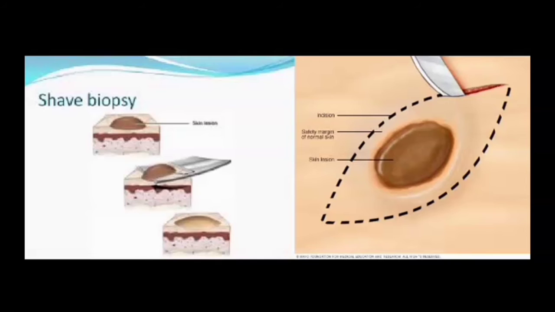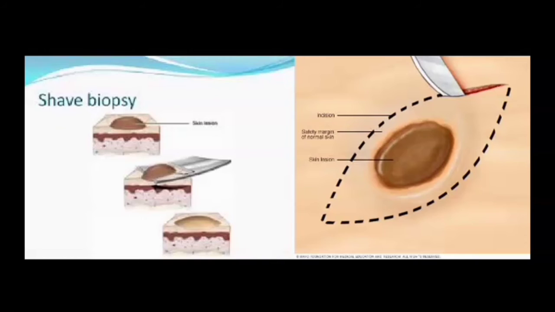In the next picture you can see the incisional and excisional biopsy. Incisional and excisional biopsy we can do together. Excisional biopsy gives a good cosmetic result compared to the incisional biopsy.